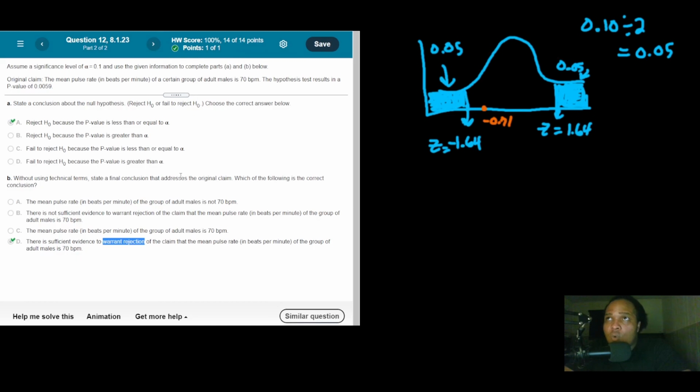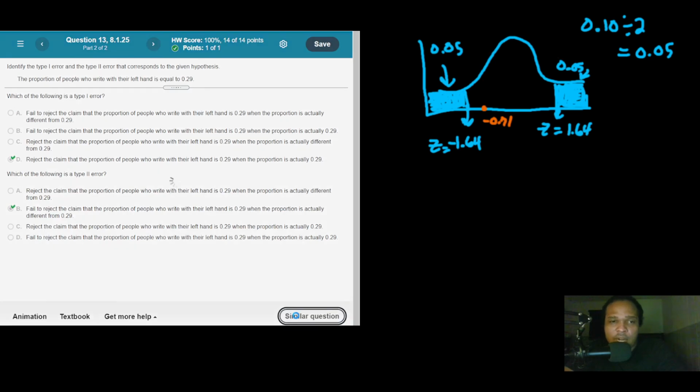It seems like the warrant rejection part mostly deals with two-tailed tests, which means that your claim has to say something about equal to. Find out more about that, because I found out that it's not really consistent. You can ask your professor. Maybe your professor would give you a better insight on that. But anyway, let's keep going.